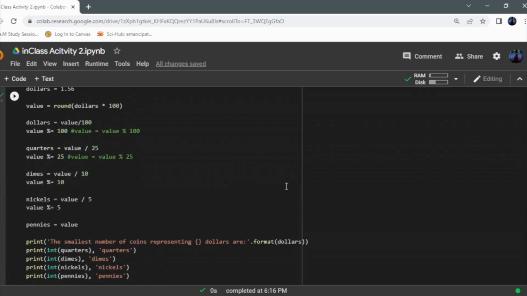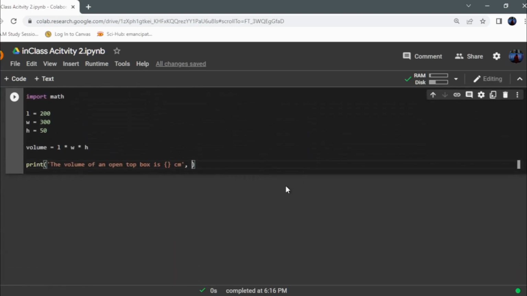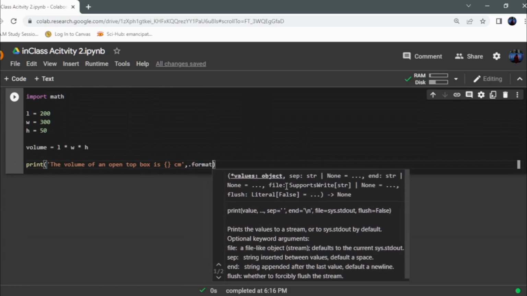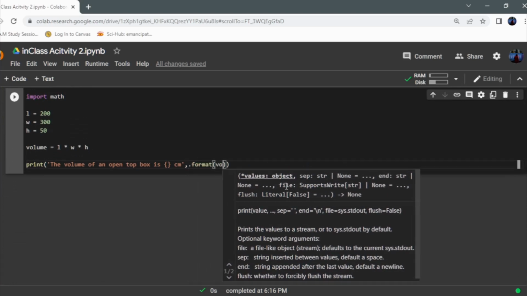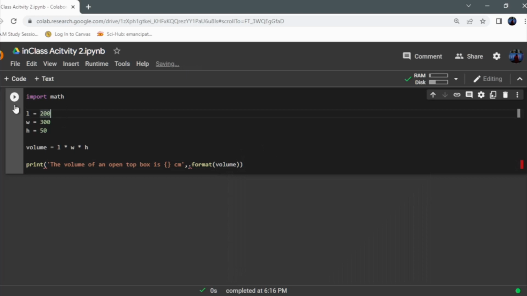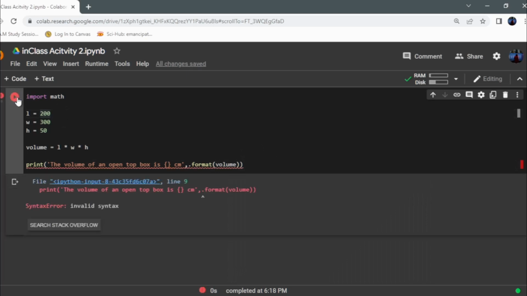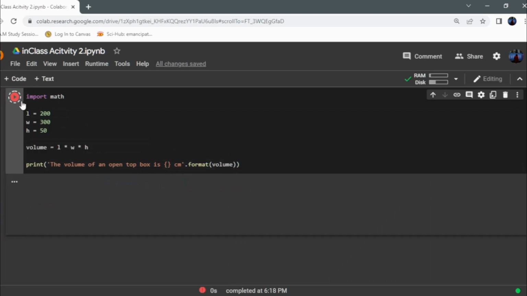Forgot that format. Dot format volume. Yeah, 3,000. 300,000 cubic centimeters.